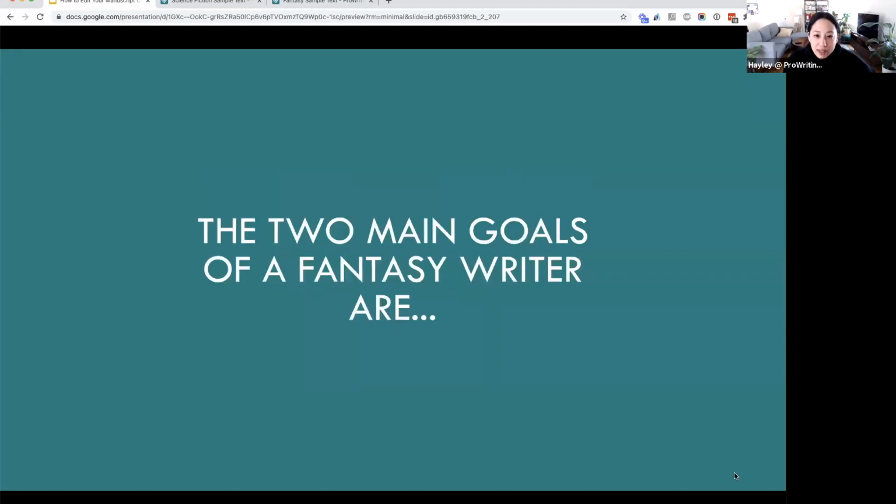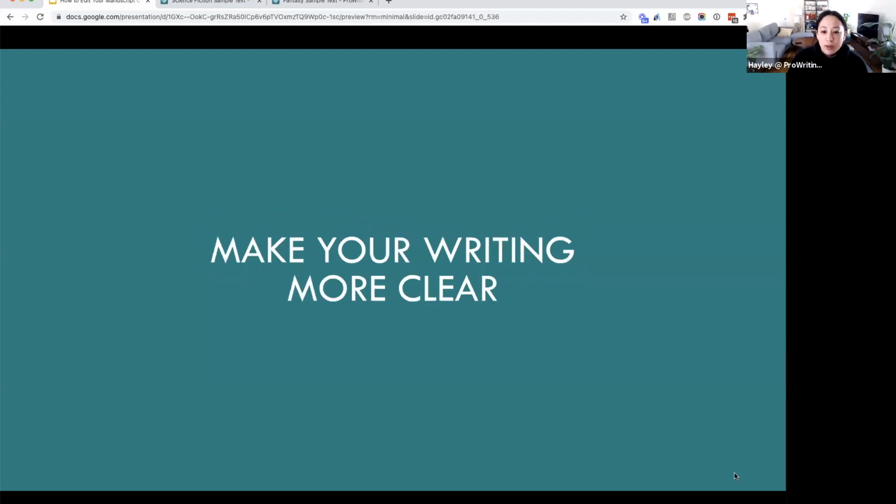So I want to think about writing your copy as a fantasy writer as having two main goals. The first goal is to make your writing more clear. When you are a fantasy writer, you spend a lot of time thinking about your world, your characters, your plot. What we as writers often don't spend as much time thinking about is how our sentences can be more clear.